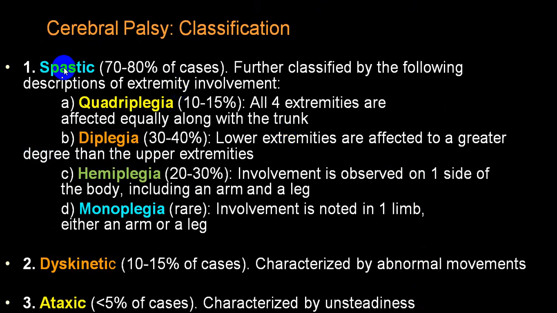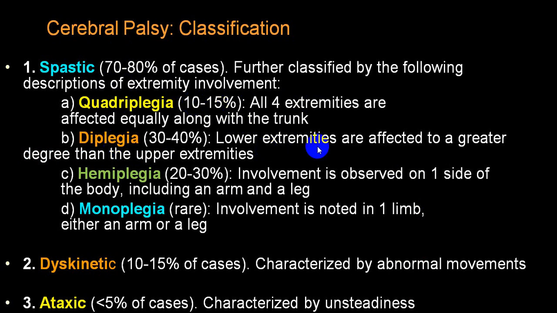The most common variety which we come across is the spastic variety, which accounts for 70 to 80%, and which can be further divided depending upon the number of limbs involved. Quadriplegic is where all four extremities are involved along with the trunk, and it accounts for 10 to 15%.